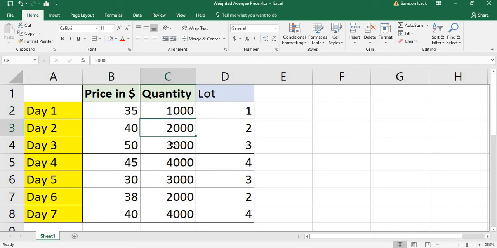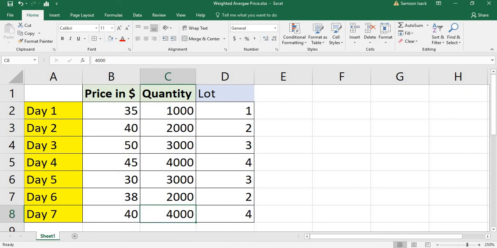Similarly, I bought 2000 quantities at a price of $40 each, 3000 at $50, 4000 at $45, 3000 on day 5 at $30 each, and a quantity of 2000 at a price of $38 per quantity.